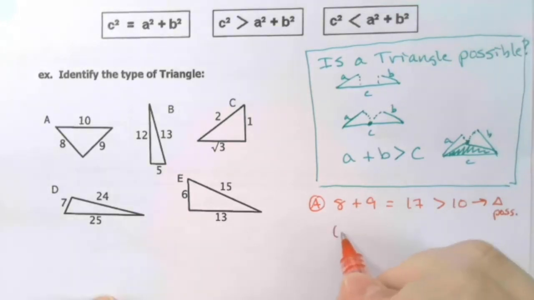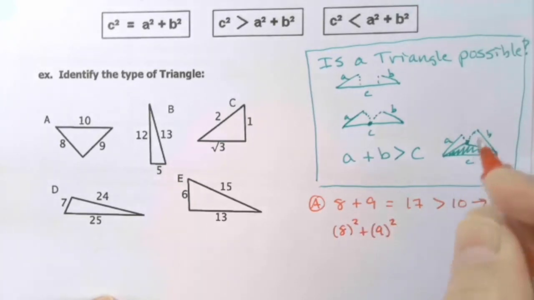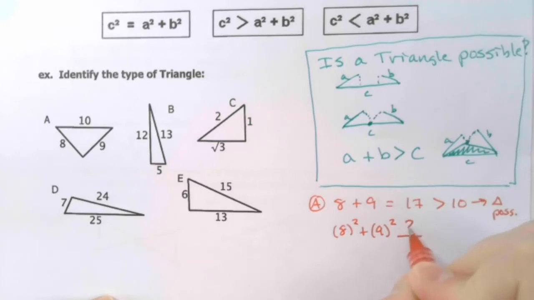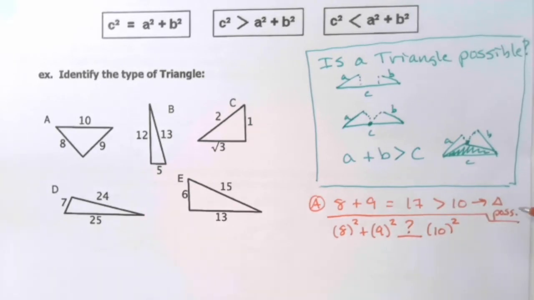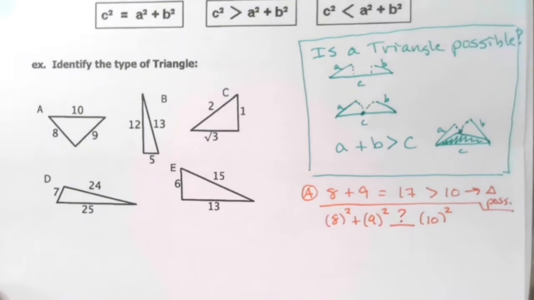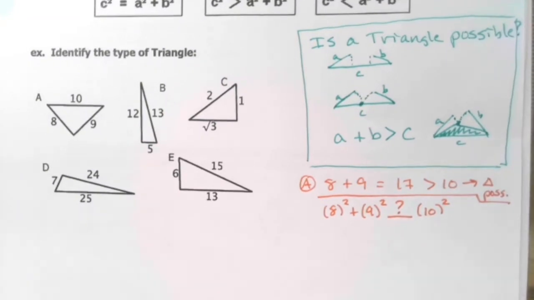We're going to take small side squared plus the other small side squared, and we want to know what is the relationship between those two and the big side squared. Notice that when you're proving the triangle is even possible, nothing is squared. When you're trying to figure out the type of triangle, everything is squared.